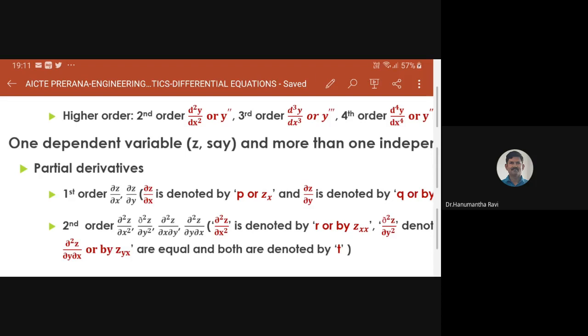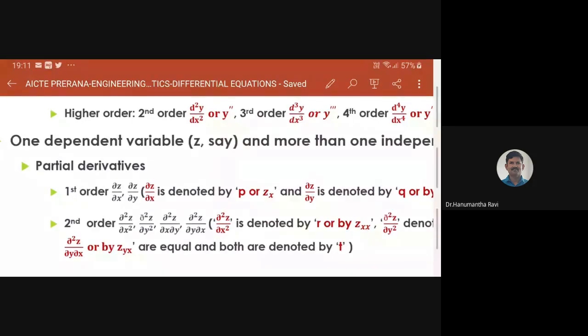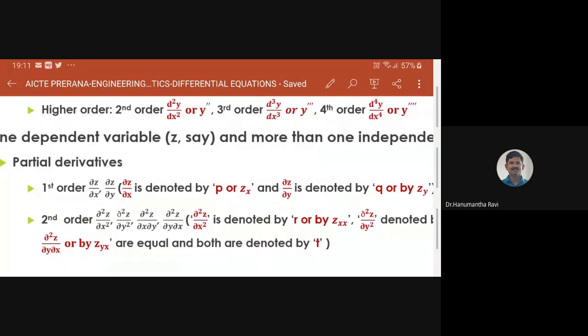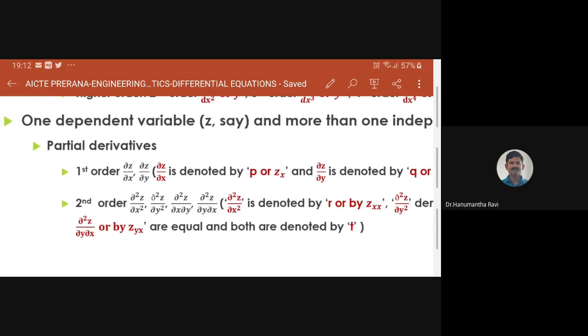One is dou z by dou x, which is denoted by small p or z subscript x, and another first order partial derivative is dou z by dou y, which is denoted by small q or z subscript y. Then coming over to the higher order derivatives, most of the time in case of partial derivatives, we go for second order partial derivatives.